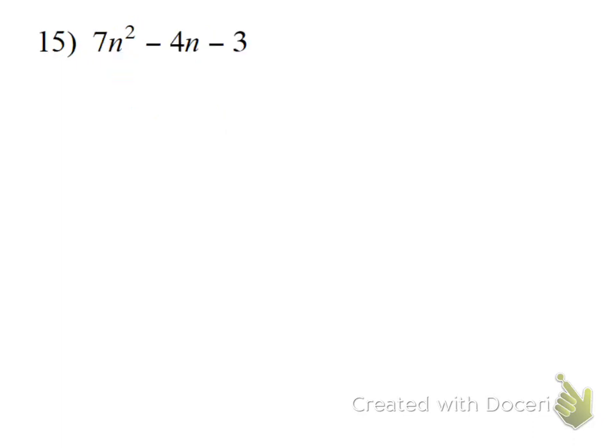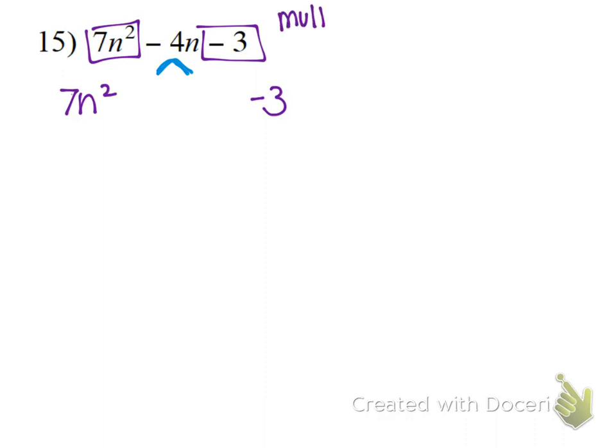Okay, last but not least, this one's called hard factoring. I've said this before, I don't care how you do this as long as you're getting to that right answer at the bottom. So I'm going to rewrite the first term and the last term. So 7n squared, negative 3. And then I want to split this middle term up into two numbers that are going to multiply together to be negative 21 and add to be negative 4.